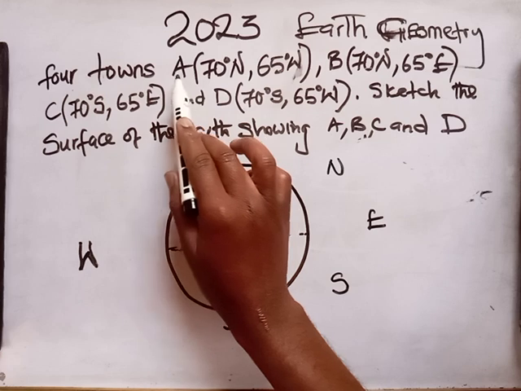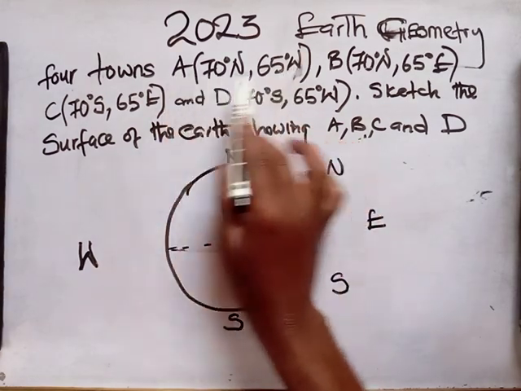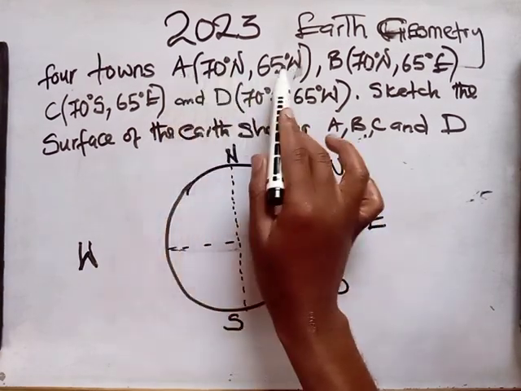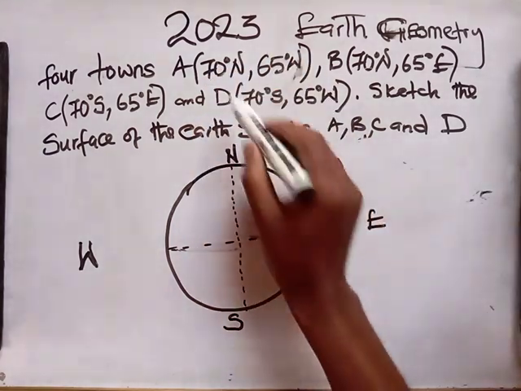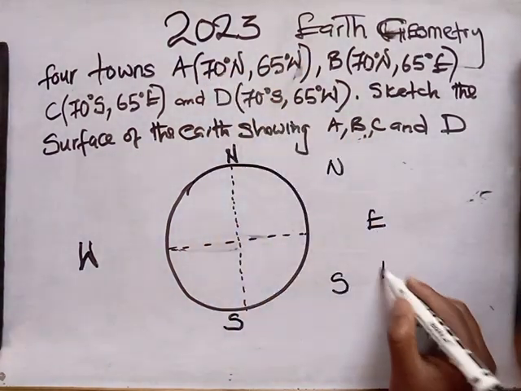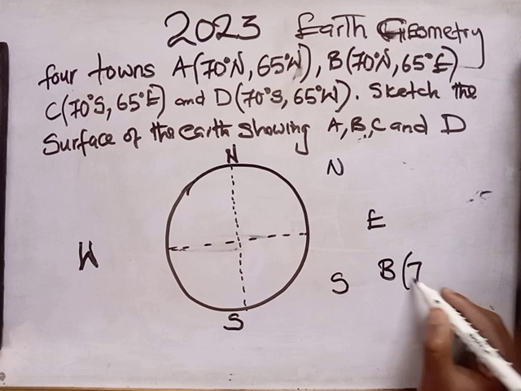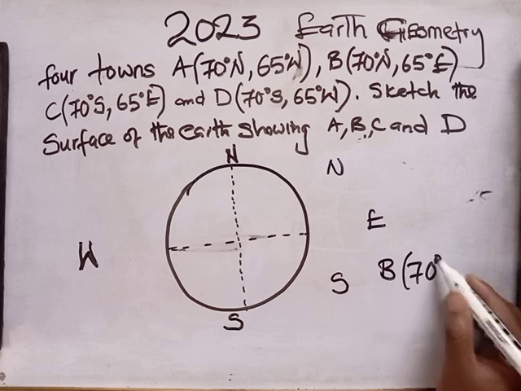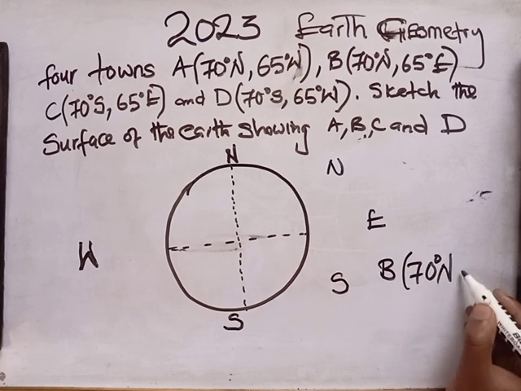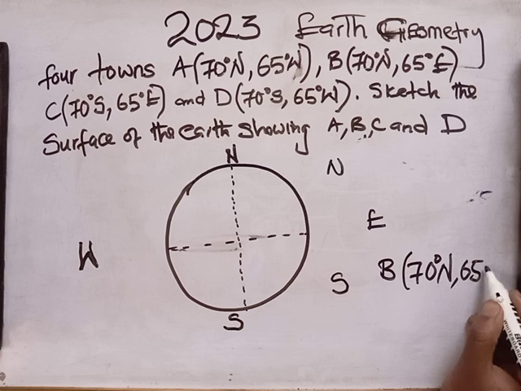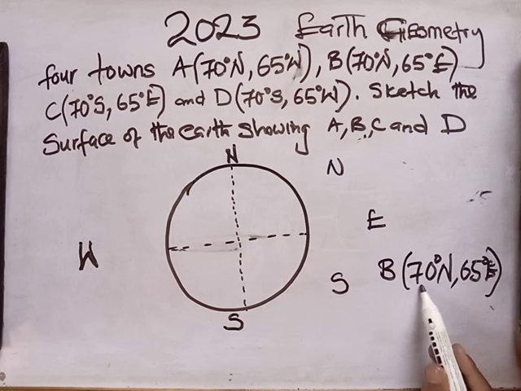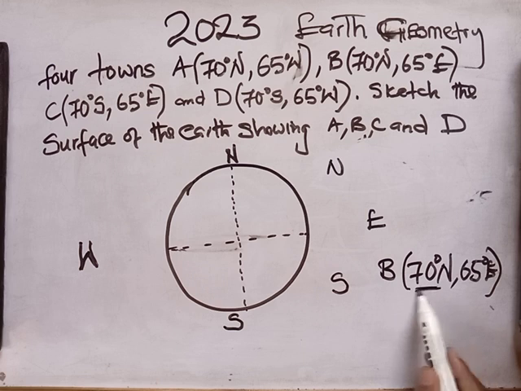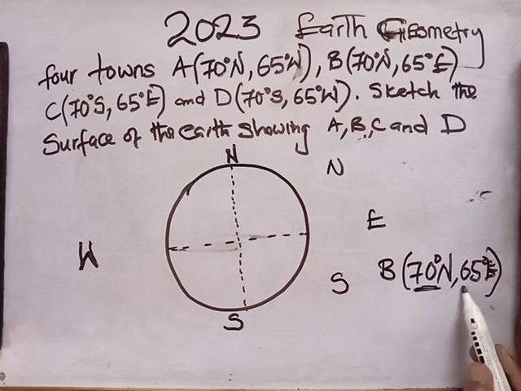When you look at how these are given, the first one is the latitude. So B is 70 degrees north and 65 degrees east: latitude 70 degrees and longitude 65 degrees.